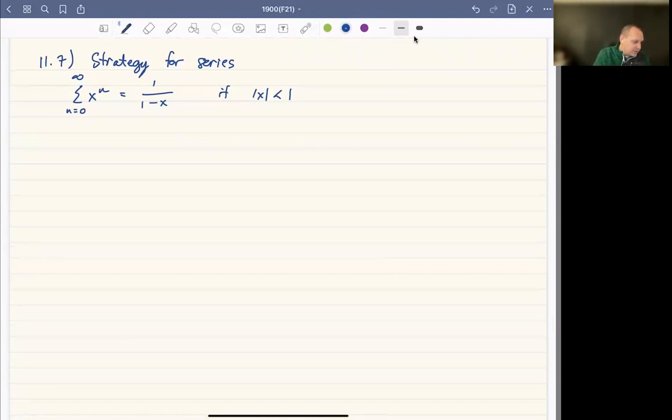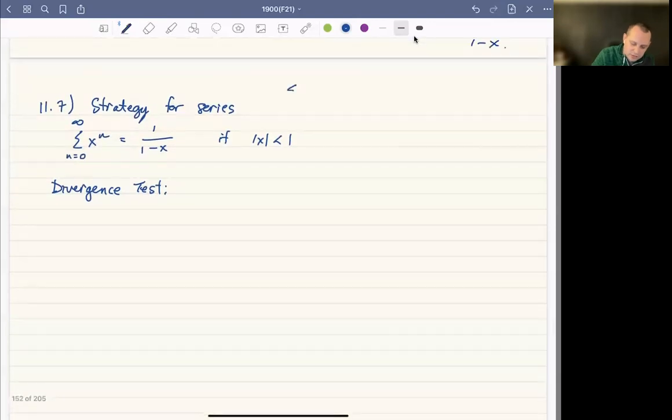Other tests that we've looked at would include things like the divergence test, or sometimes called the test for divergence. And here, what we're doing just in general, I'm going to look at the series a sub n as n goes from 1 to infinity or 0 to infinity or whatever. Okay, that's really the kind of base series that we're looking at.